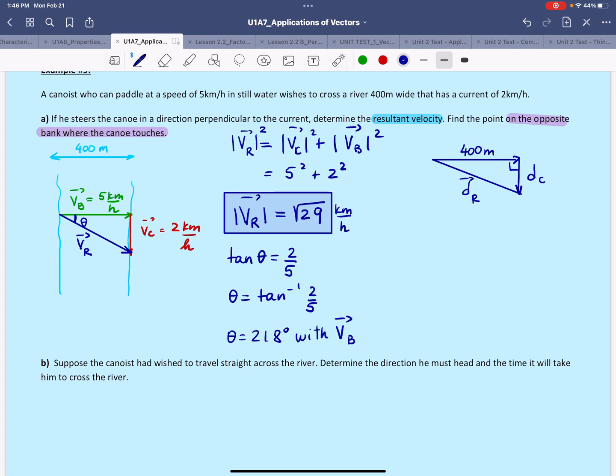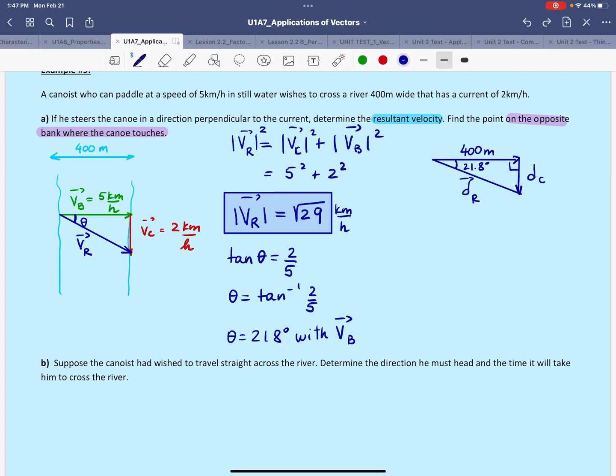So we're going to say that this angle will still be 21.8 degrees, and the resultant displacement, which is right here, is the hypotenuse, and we're using the width of the river, which is 400, and the displacement down the river will be opposite. So since this is our unknown, we can use the width of the river of 400 meters in order to find the displacement down the river.